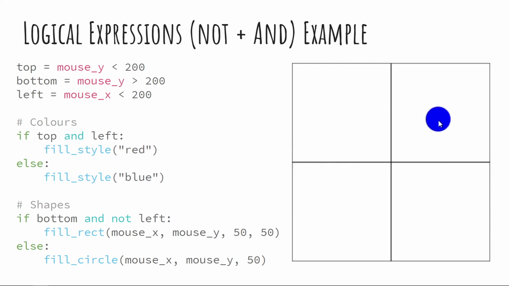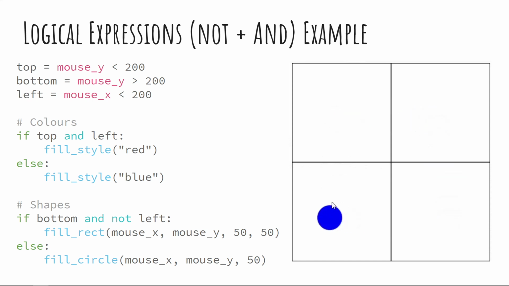Here's an example of logical expressions using not and. So we set up some Boolean variables at the top. We set up the Boolean variable top. We assign that with the Boolean result of mouse y less than 200. And that corresponds to us being in the top half. Then we set up the Boolean variable bottom, and we assign that the value mouse y greater than 200.